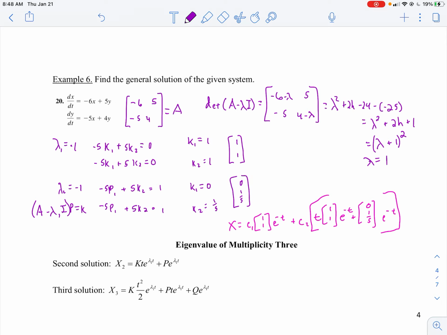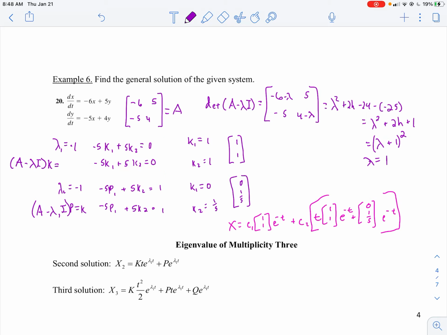So we're going to go ahead and substitute in lambda. This first step is where we're doing A minus lambda I, and then k, and that's equal to the 0 vector. So we substitute in, and we get negative 5 k sub 1 plus 5 k sub 2 equals 0, and then negative 5 k sub 1 plus 5 k sub 2 equals 0.